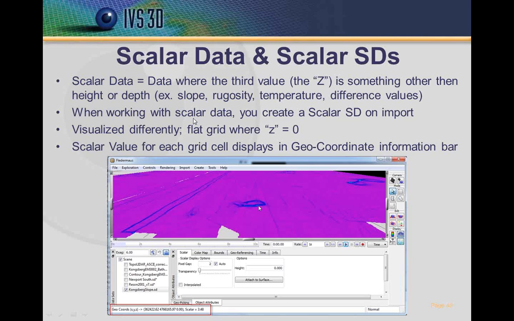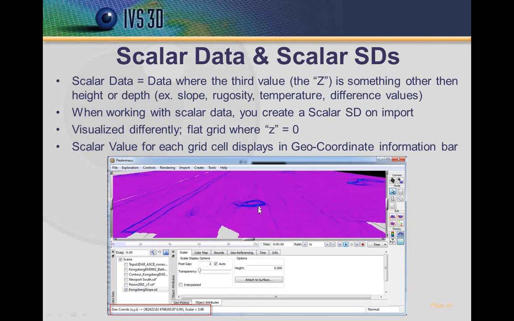When you have scalar data as ungridded or gridded data sets, you bring those in and create a scalar SD on import. The resulting scalar SD is slightly different than the DTM SDs that we've been creating. They're visualized differently. When you create a scalar SD, it's completely flat when you look at it in the visualization.